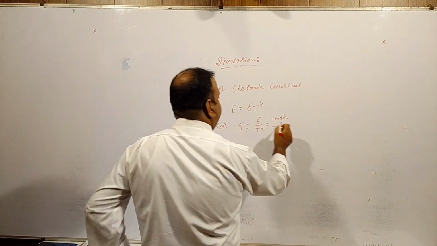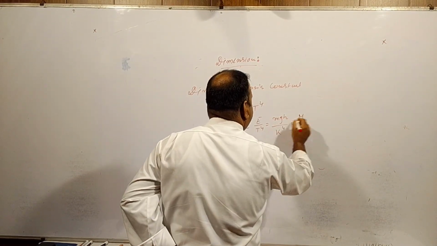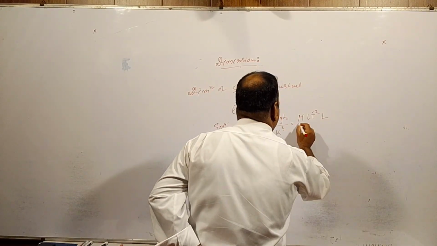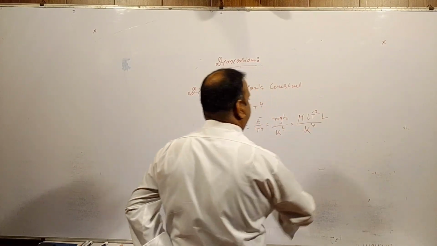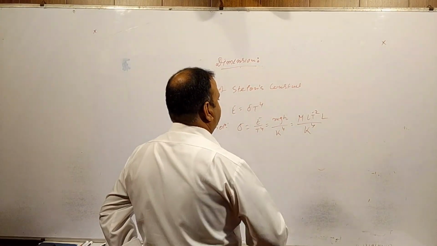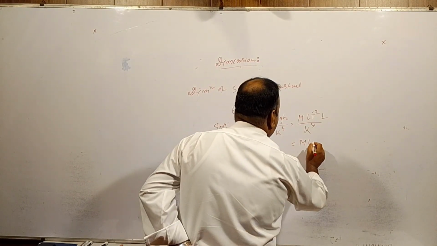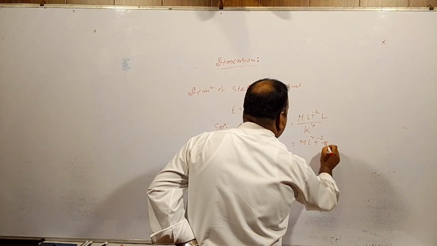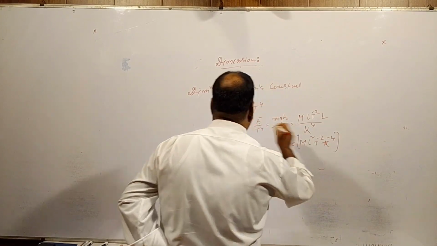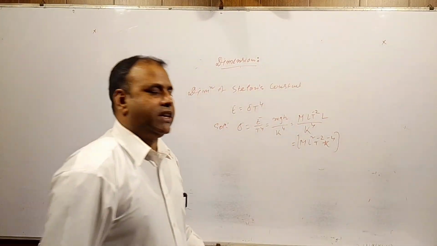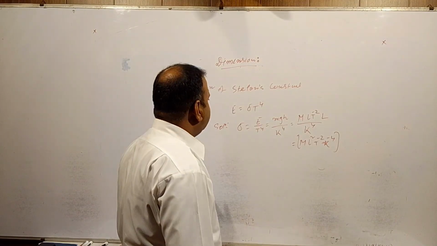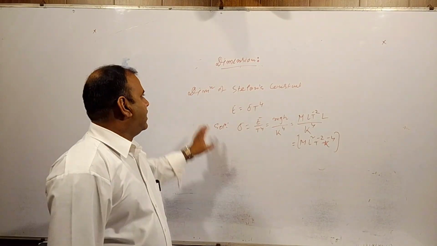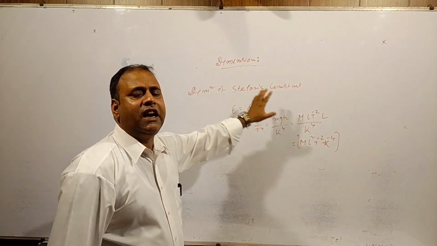Here m means mass, g means meter per second square, and height means meter, L. So we can write this term as M L square T to the power minus 2, and here K to the power minus 4. This is the dimension of Stefan's constant. In this process we can easily calculate the dimension. This is the general dimension.